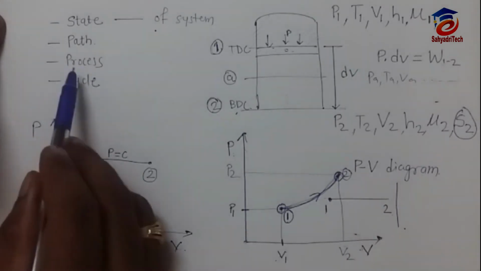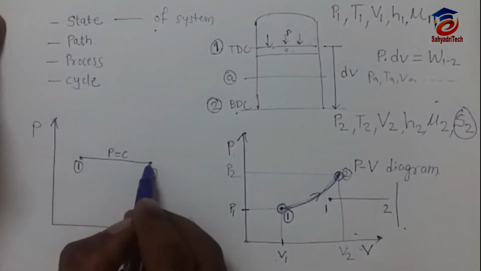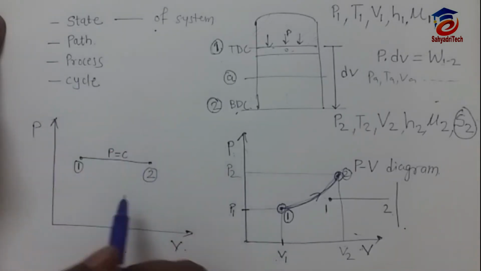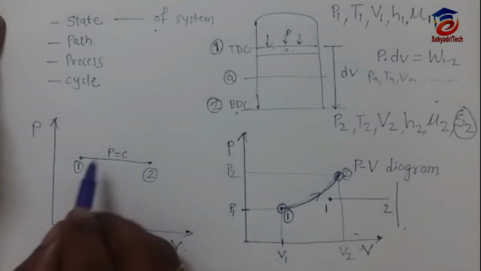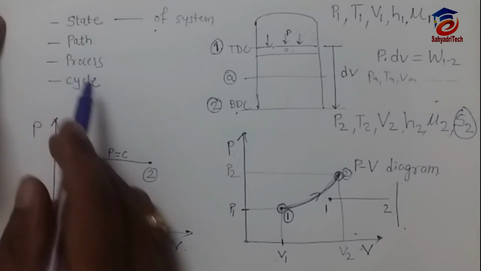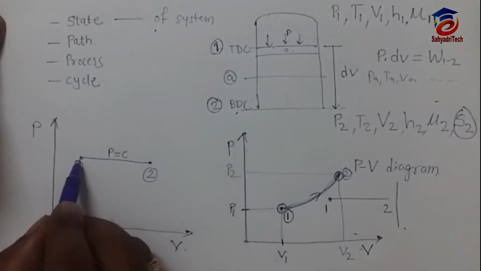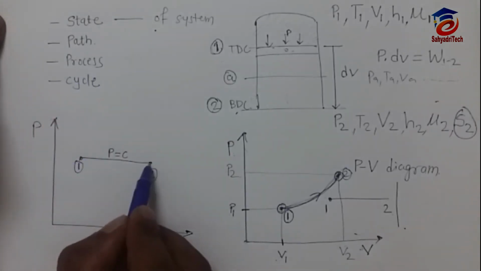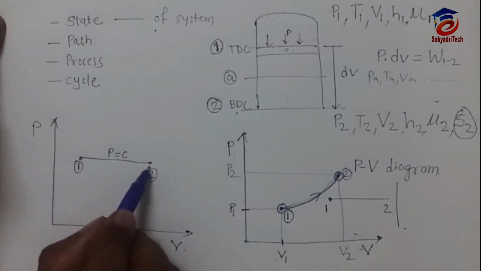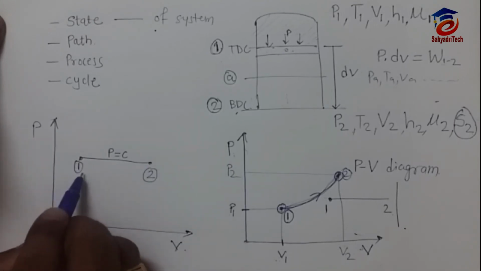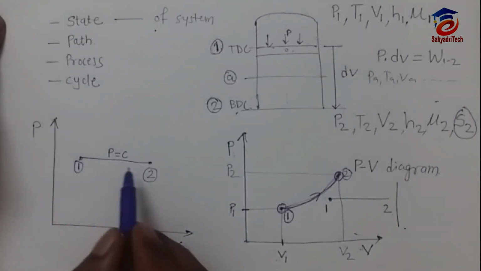I will tell you these processes one by one, we have to learn them in detail in the next lecture. Here I just show you the various processes and why we call it a process. When we don't know its nature, it is path 1 2. If we know its nature, for example during this process the pressure is constant.